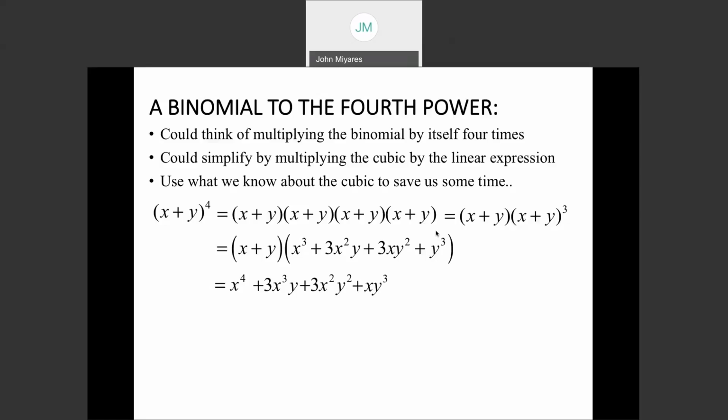Y times x cubed we'll write as x cubed y, y times 3x squared y will be 3x squared y squared, y times 3xy squared will be 3xy cubed, and y times y cubed will give us y to the fourth.